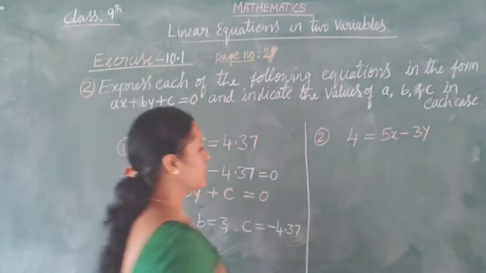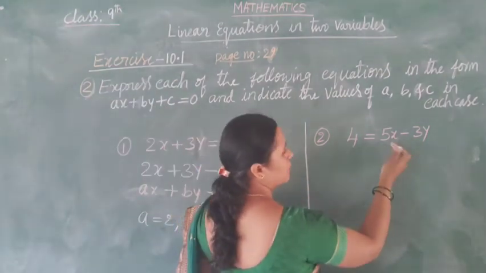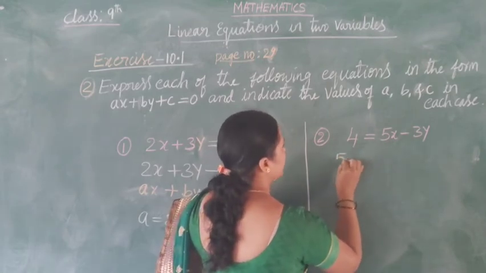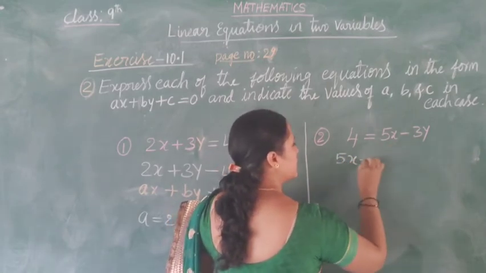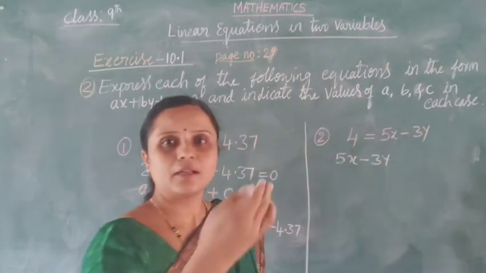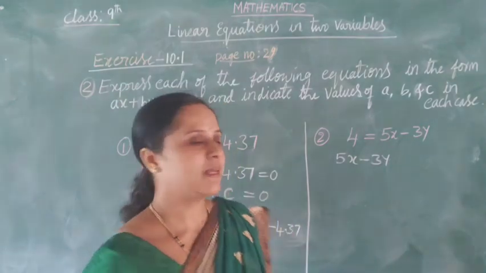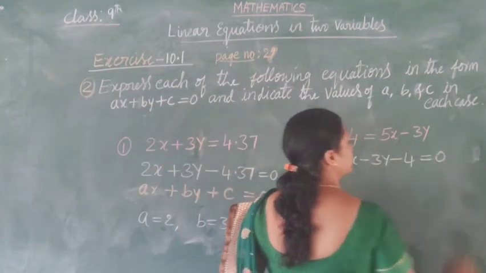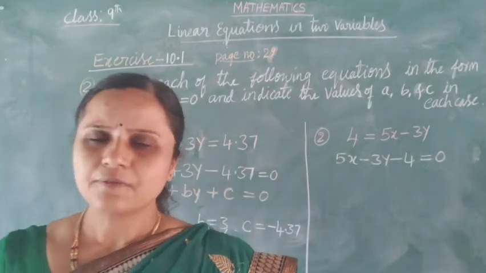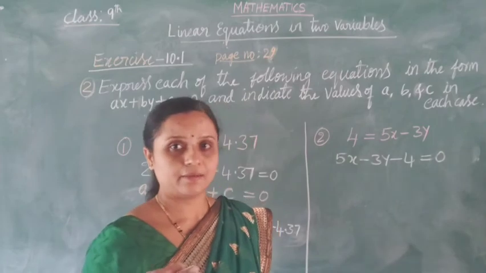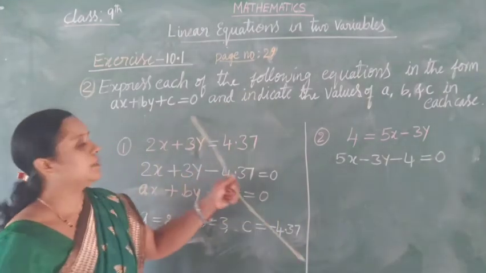I start with the RHS, that is 5x minus 3y, and you take this 4 to the other side, so plus 4 becomes minus 4, equal to 0. So first we write in general form, and next you compare with the equation.